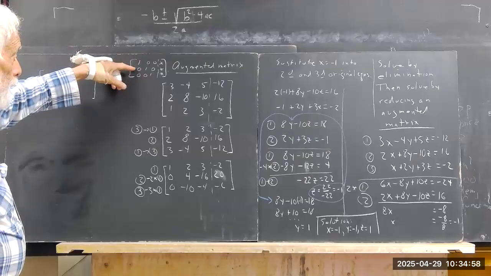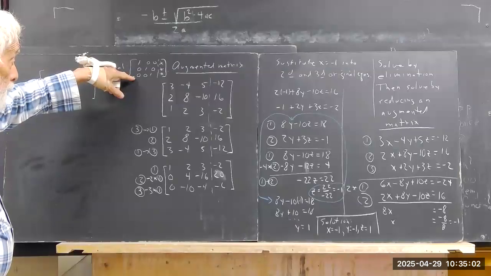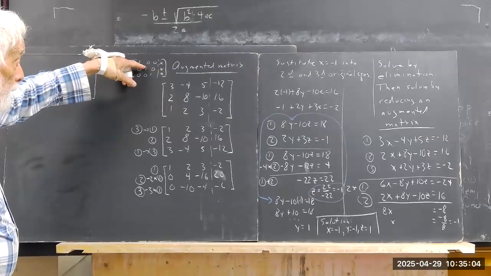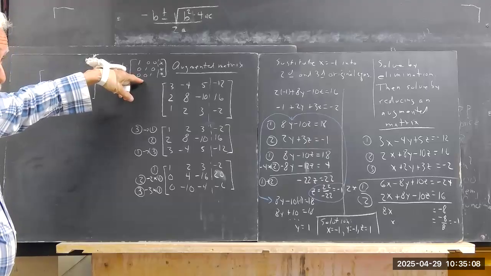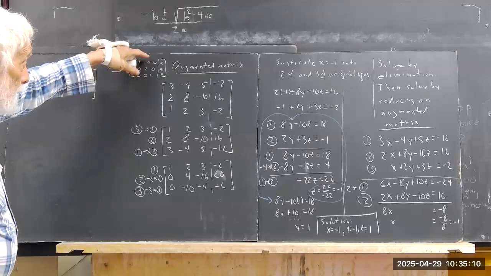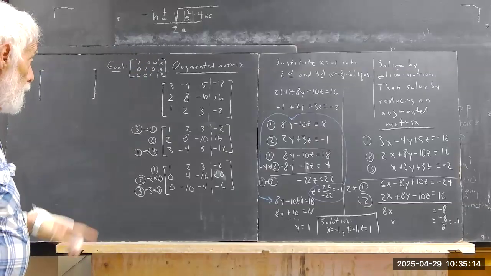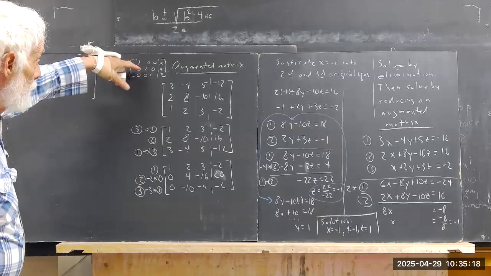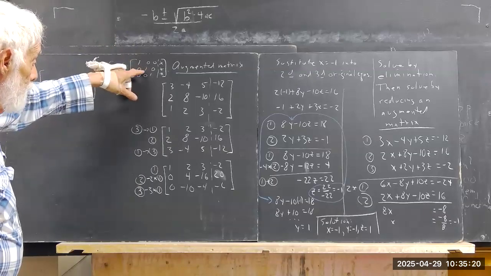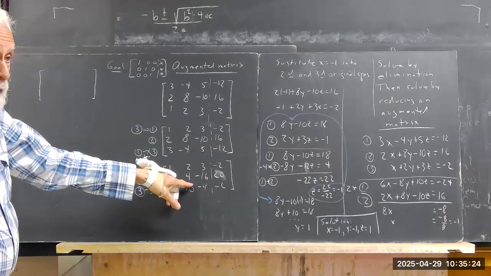I've got the 1 here and I've got zeros below it, right? Now what I want to do is get a 1 here and a 0 below. I'm not going to bother getting the 0 above just now, and you'll see why not in a minute. So how am I going to get a 1 here? Right now I've got a 4. Maybe I better divide by 4, right?